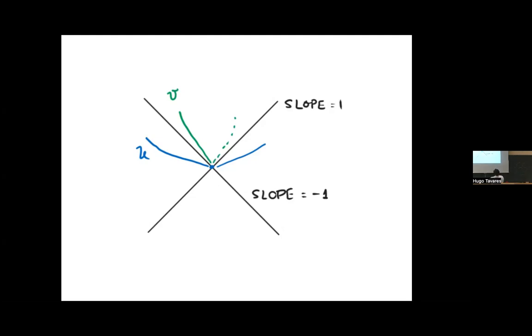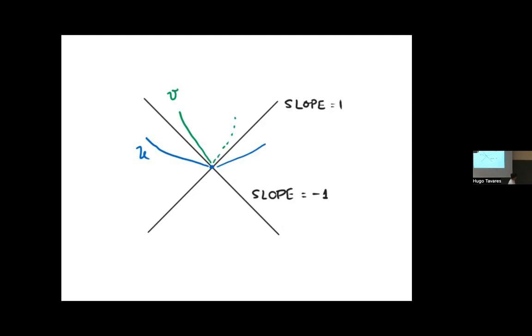To the left, U is a sub-solution of the eikonal equation, so its derivative has to be between -1 and 1. You have to be trapped in this region where the slopes are between -1 and 1. And V is a function that is above that, and its derivative in absolute value has to be bigger than 1.